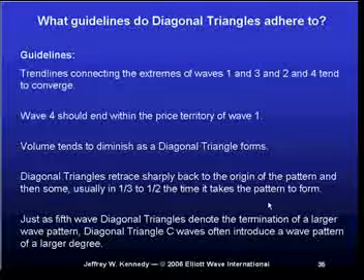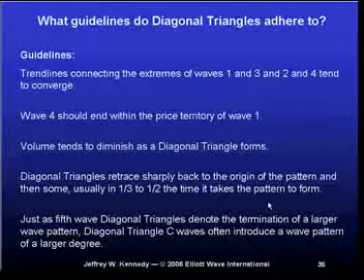Trend lines connecting the extremes of wave 1 and 3 and 2 and 4 tend to converge. Wave 4 should end within the price territory of wave 1. Volume tends to diminish as a diagonal triangle forms. Diagonal triangles retrace sharply back to the origin of the pattern and then some, usually in 1/3 to 1/2 the time it takes the pattern to form.